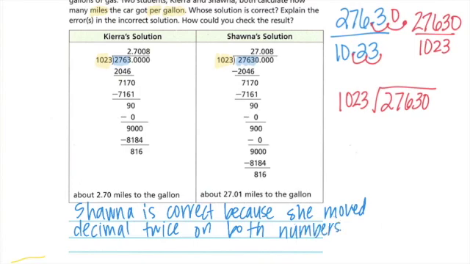But Kira is incorrect because she forgot to move both decimals twice. She only moved one of them twice.